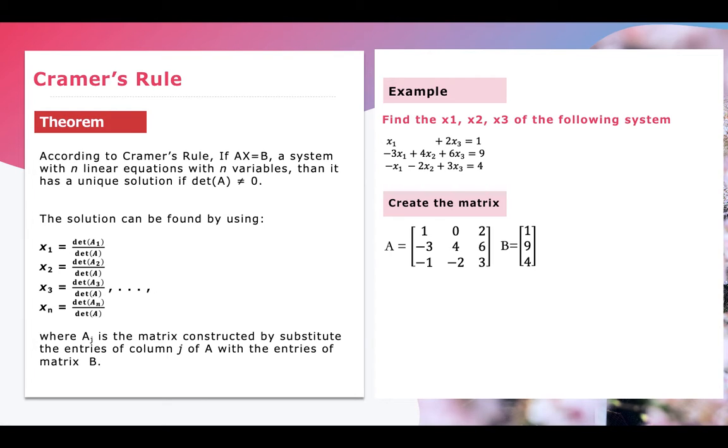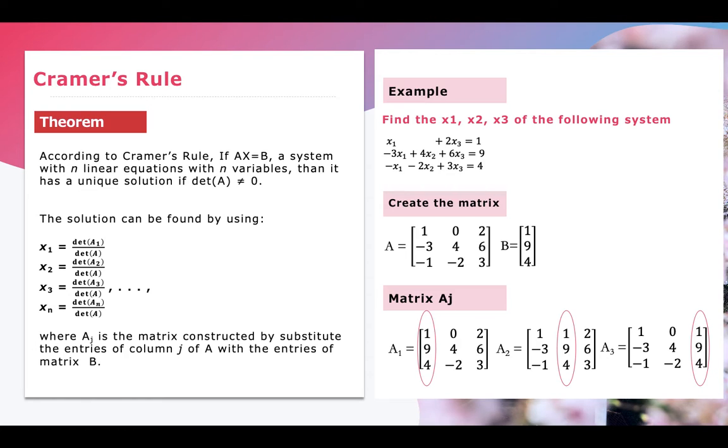You can see that matrix A will consist of the first row 1, 0, 2, since the first linear equation has the coefficients 1, 0, and 2. And then in the second row, we will have 3, 4, 6, and in the last row, we will have negative 1, negative 2, and 3. And then we can create the matrix B as 1, 9, and 4.